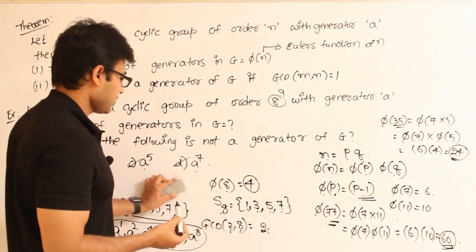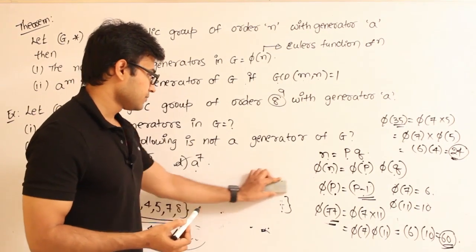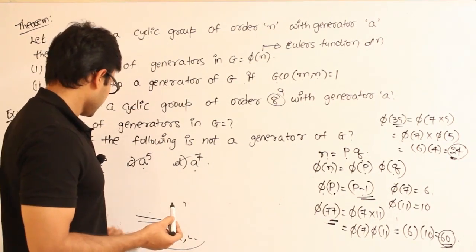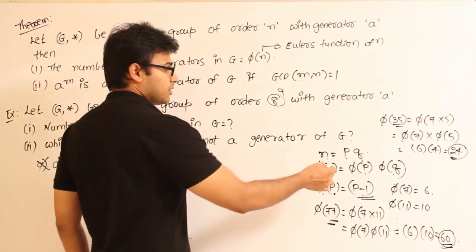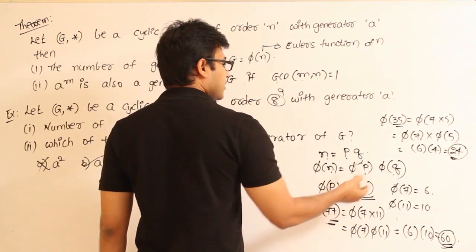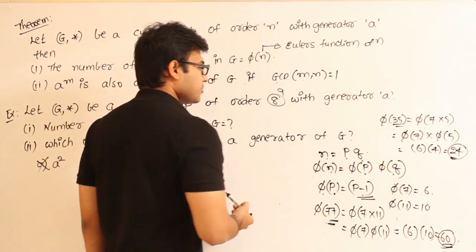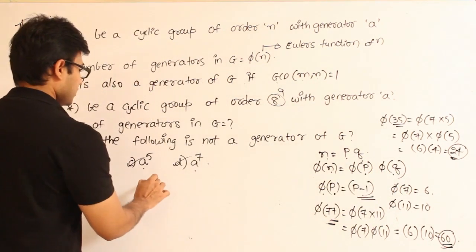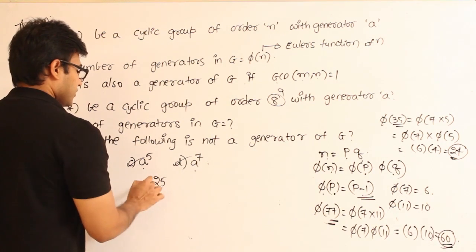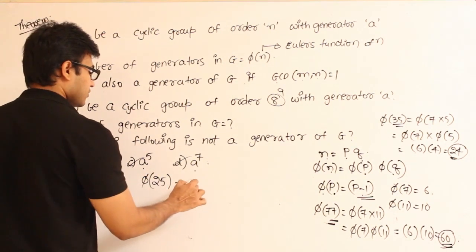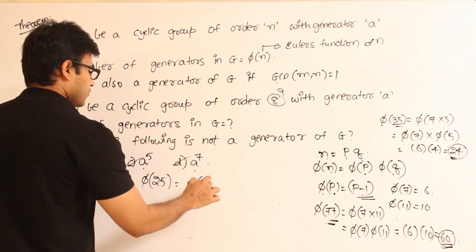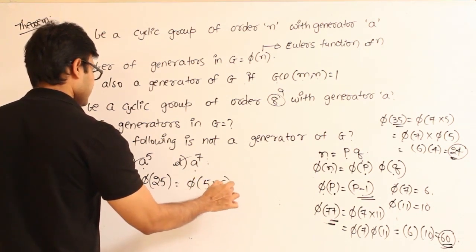And there is a small exception here. When you apply this factorization method, this formula is applicable only when they are distinct prime numbers. For example, if you have 25 and try to write phi of 25, it is going to be phi of 5 squared, isn't it?